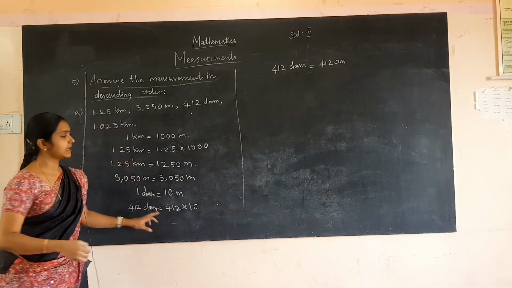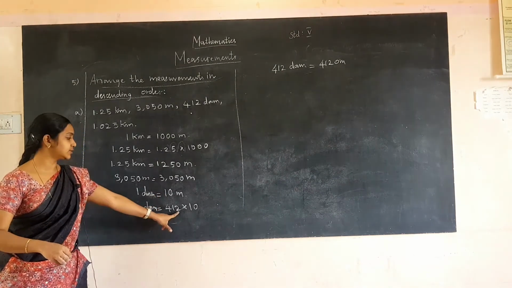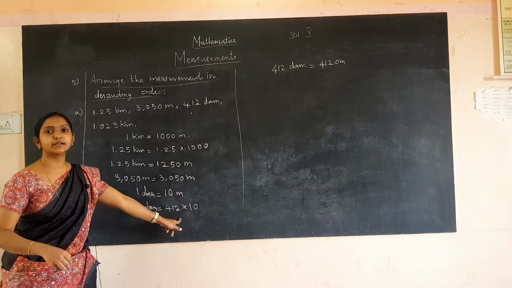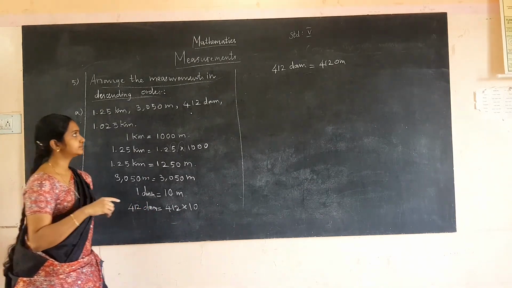While multiplying a number with 10, 100 or 1000, we have to just add 0. That is 4120. We need not multiply, just add 0.